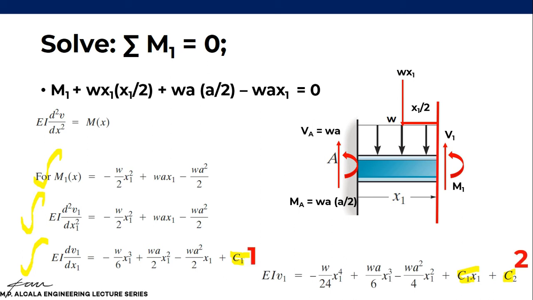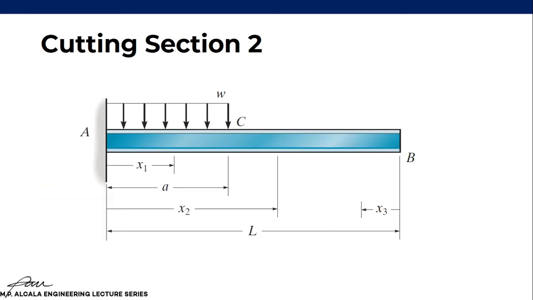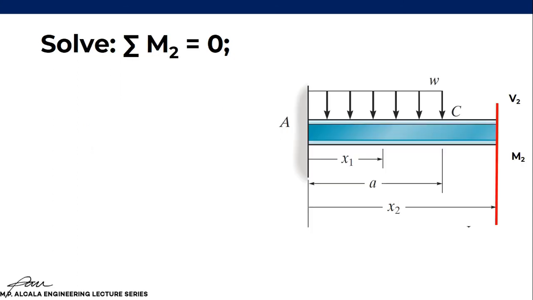Next, cutting at section 2. Again, we have already analyzed the given. We can simply solve it by cutting at those sections. So this will be your new section at M2, giving me the reactions V2 and M sub 2.